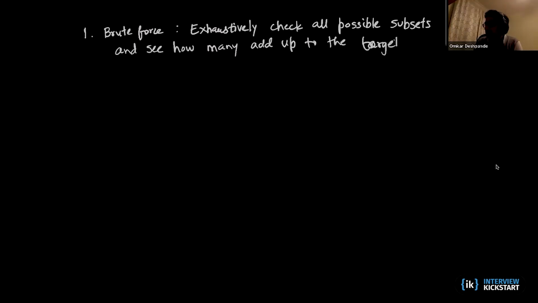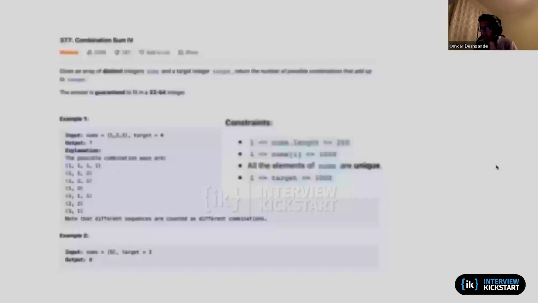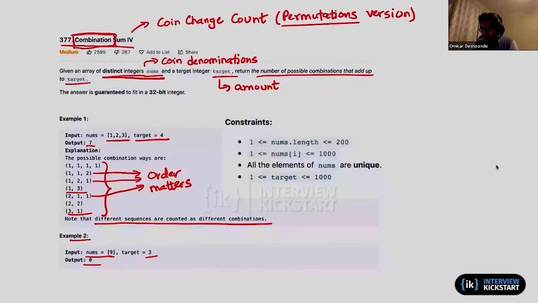Now it doesn't require you to actually think about the implementation in detail to see that this is going to take exponential time, because even if you were not allowed to pick multiple copies of the same coin, assume that this array nums that you are given were individual coins.